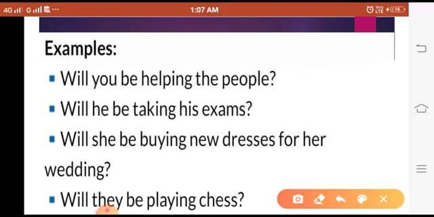Now, following the same sentence structure that I just talked about, some examples are given here. Let's see. Will you be helping the people? Helping verb. Subject, be is a part of helping verb only.